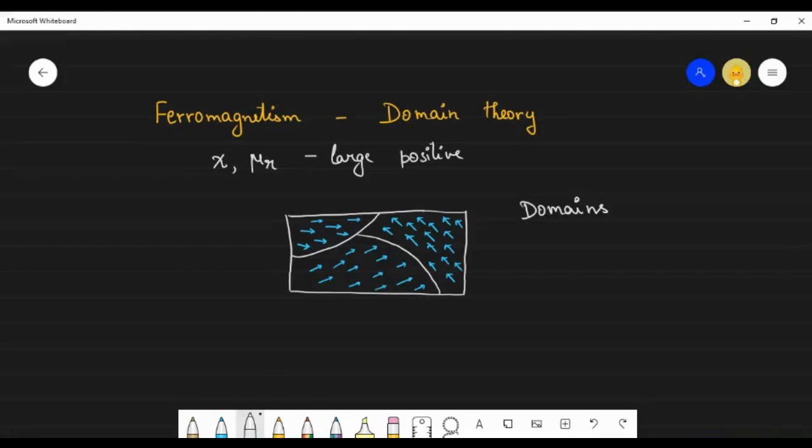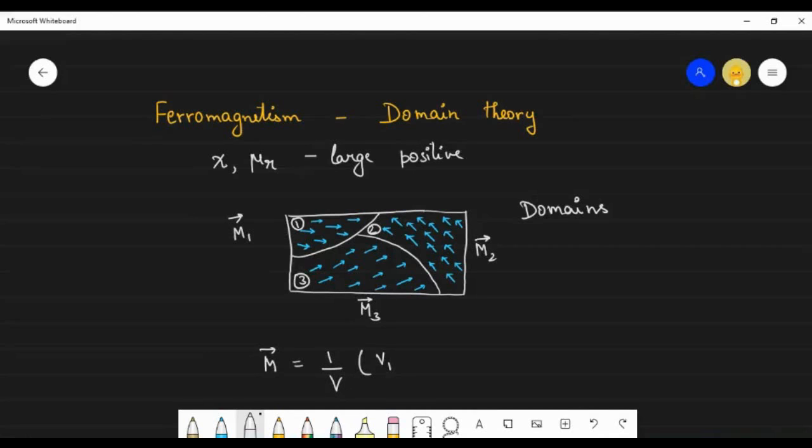If we assume that this is region 1, this is 2, and this is domain 3, and if M1 is the net magnetization of region 1, M2 the magnetization of region 2, and M3 the magnetization of region 3, the net magnetization would be the weighted average.